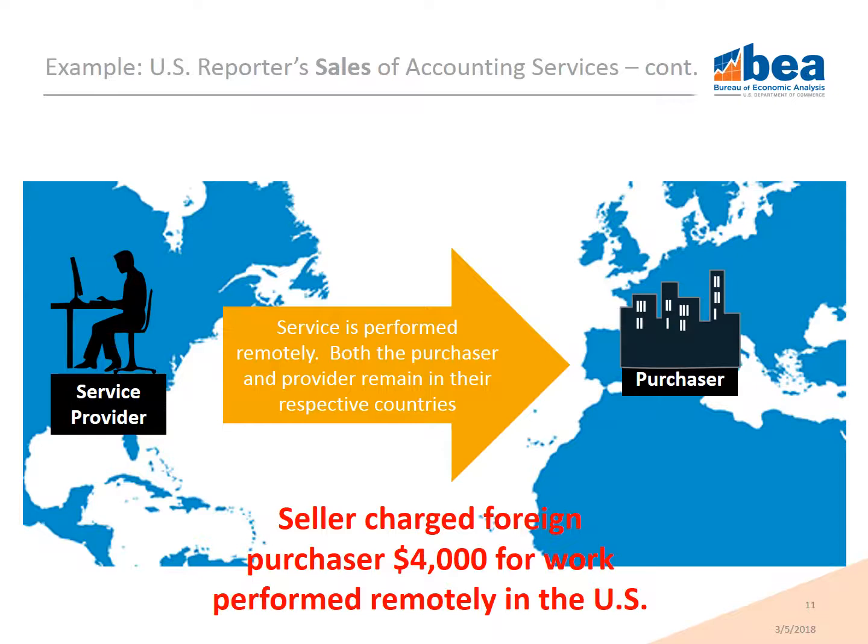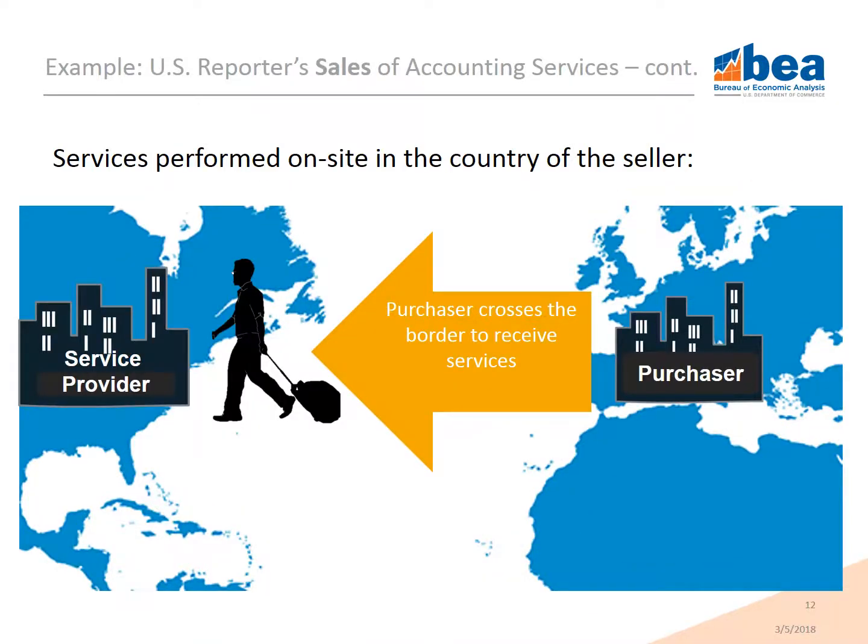Upon returning to the United States, the U.S. employee then billed the client another $4,000 for the preparation of financial reports and correspondence via telephone, email, and video conferencing. The remaining $1,000 was for presenting their findings to the client when he traveled to the United States a short time later.